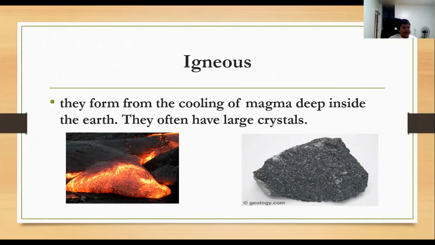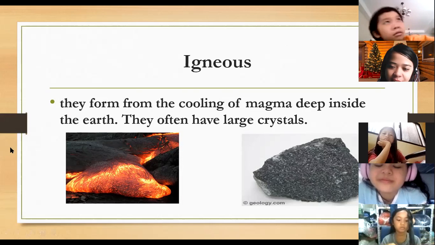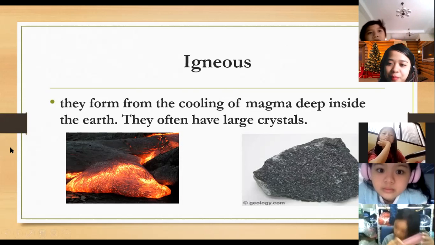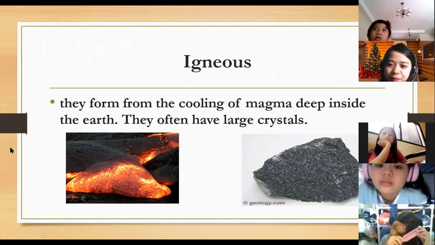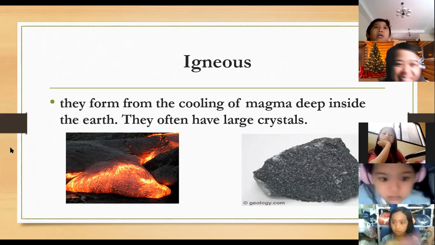So how do you get it? Do you put your hand? Wait, let's take it slowly. So you're asking where I got the igneous rock? How do they get the igneous rock? Do they put their hand? Take a picture of it.